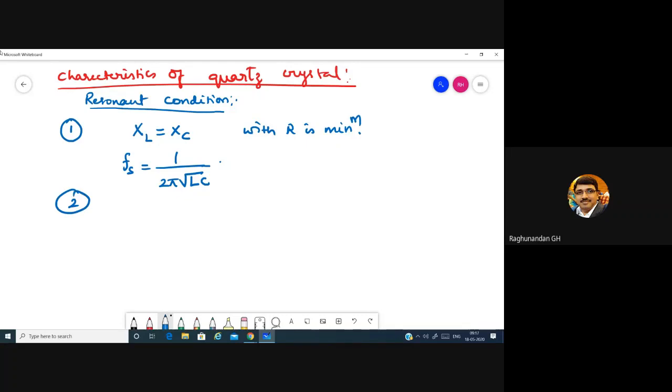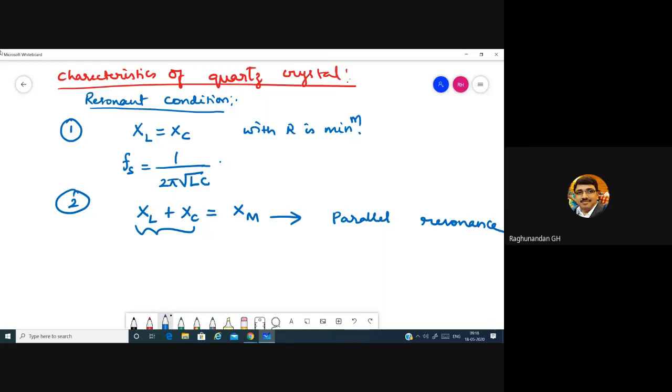The next condition is when the reactance of the series resonance is equal to the reactance of CM. That means XL plus XC is equal to XM. This condition is usually called parallel resonance.